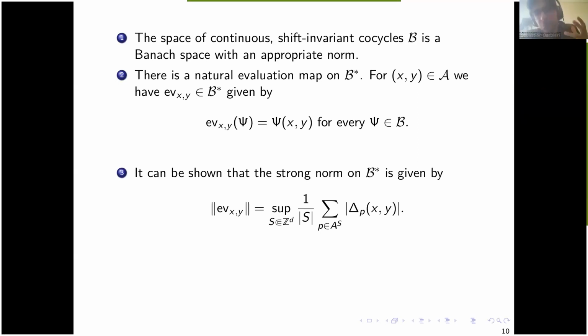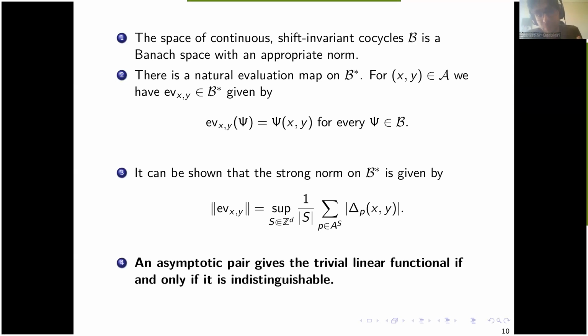So the real reason I'm looking at indistinguishable asymptotic pairs is because they characterize the asymptotic pairs which give me the trivial evaluation functional. So in some way, they are the kernel of this map, even though asymptotic pairs are not a vector space, but they describe the ones that give me the 0 map.